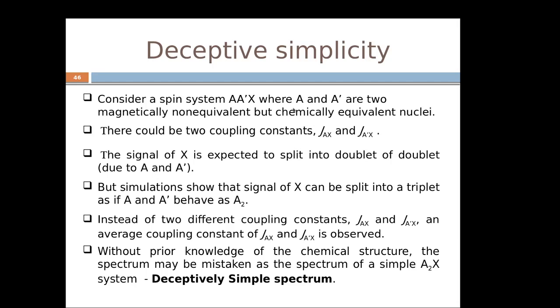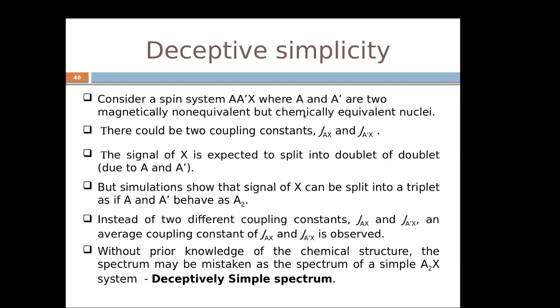That means, for example, the coupling constant between A and X would be different from the coupling constant between A' and X, but both the nuclei A and A' are chemically equivalent nuclei. That means the resonance frequency of the nuclei A and A' would be equivalent, okay.